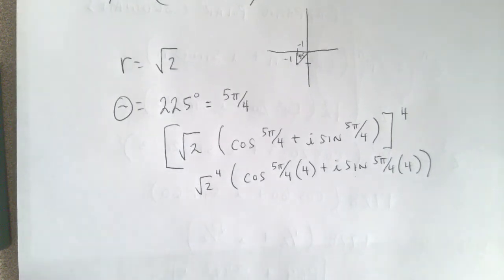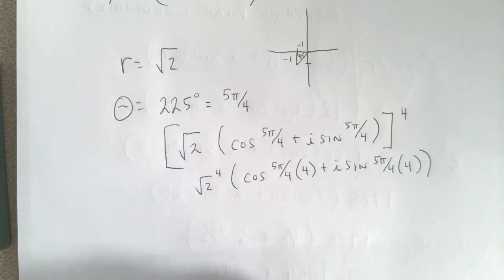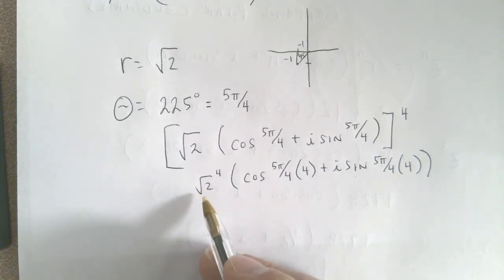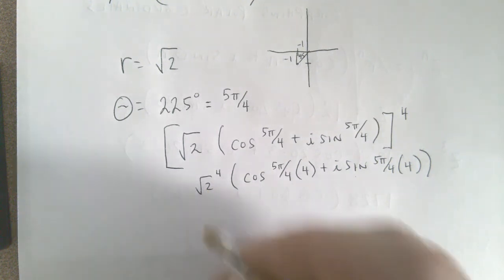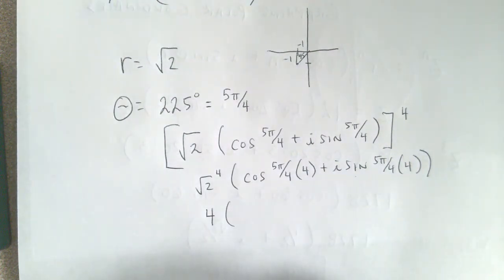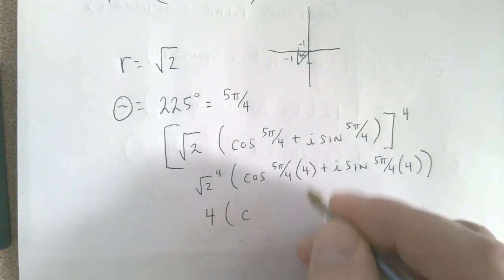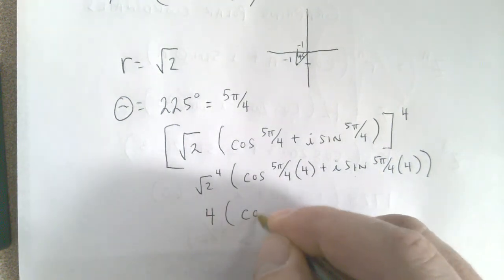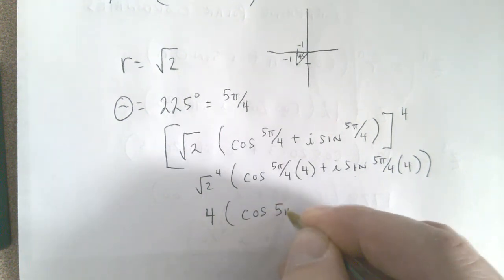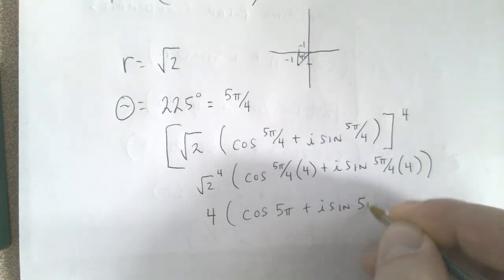Now we go to our simplification: radical 2 to the fourth power is like saying radical 16, which is just 4. Now think about here, we multiply 5 pi fourths times 4. That's basically saying the cosine of 5 pi plus I sine of 5 pi.